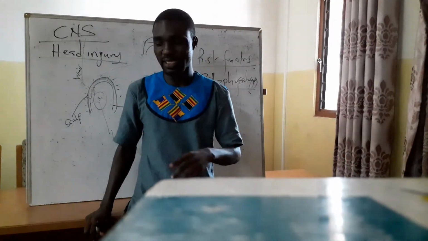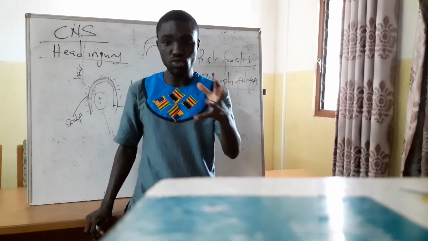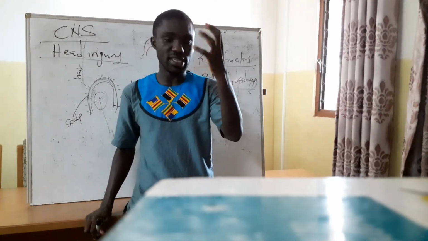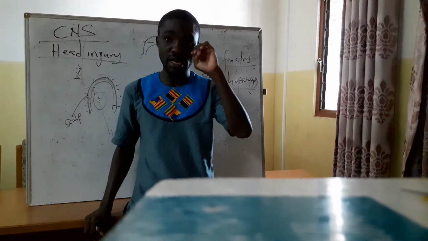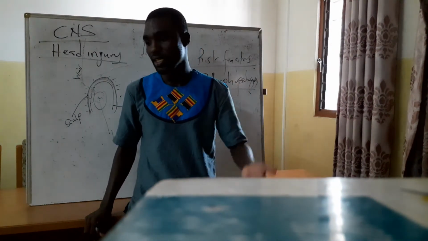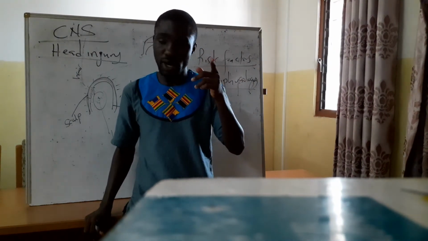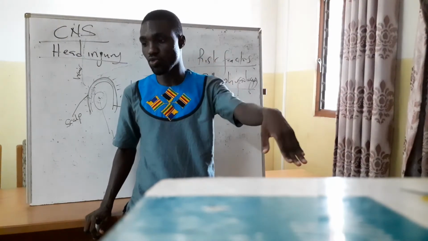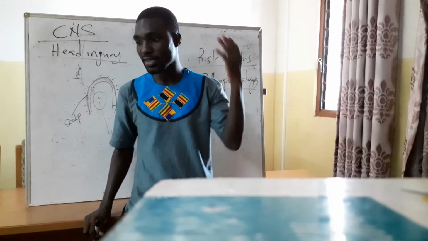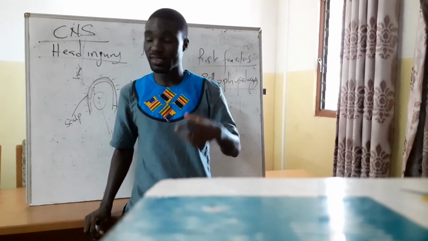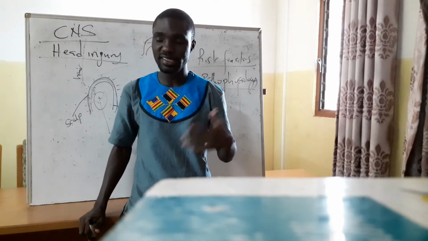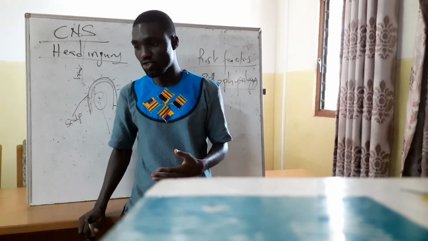Be it a gun, a knife, anything, a wood, etc. Or any penetrating object through the skull, right? So it can be a gun, it can be a knife. Someone penetrates it, or someone stabs you through the skull, right? Or a blow, right? When you are engaged in a fight, right? So all these are things that can result in head injury, right?